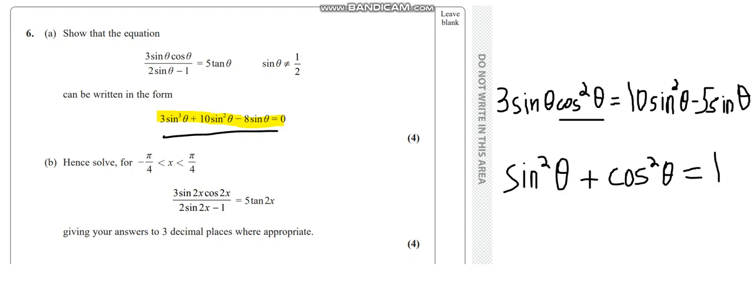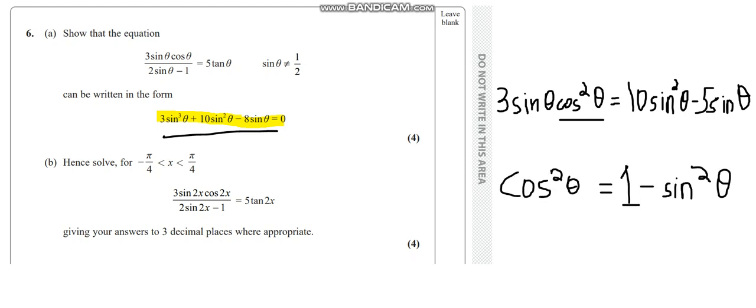This is the very basic identity you can use while solving trigonometric questions: sin²θ + cos²θ = 1. To replace cos²θ by sin θ, we make cos²θ the subject, so cos²θ is equal to 1 minus sin²θ.